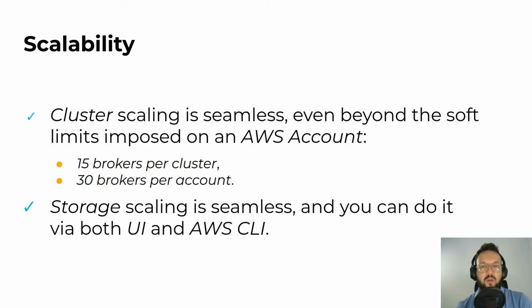But it's fairly easy to raise the quota, and you can actually create more brokers for your accounts. And when it comes to cluster scaling, you can extend and scale up and down without any problems. It's handled automatically by MSK. The same goes for exchanging nodes and changing the sizes.